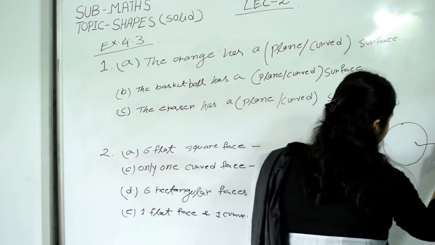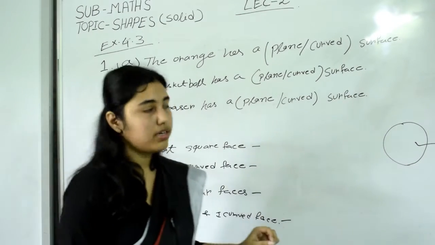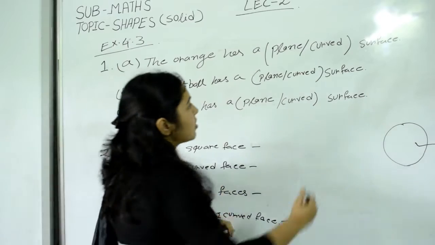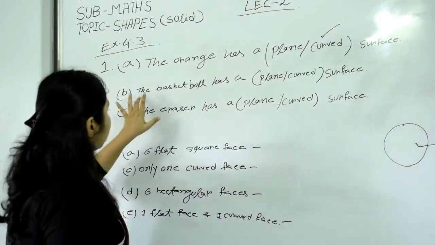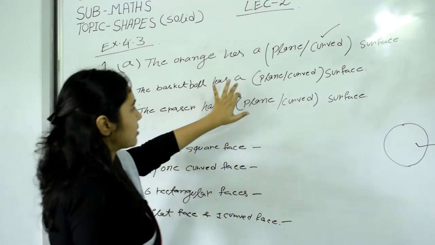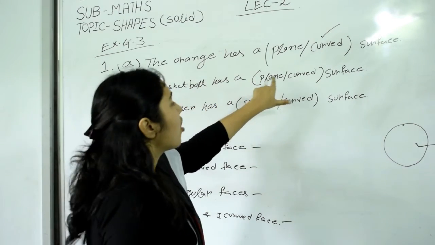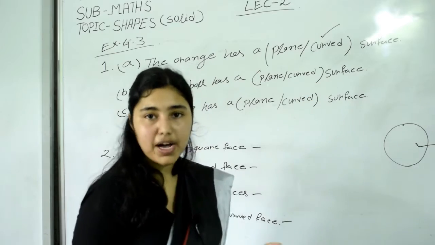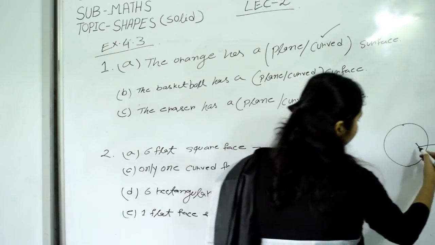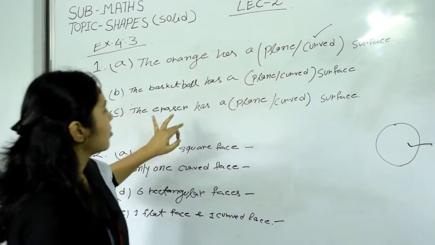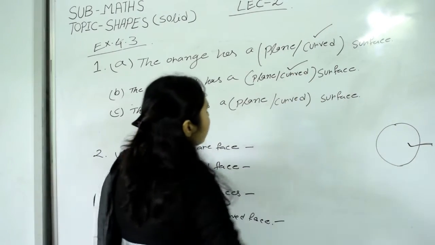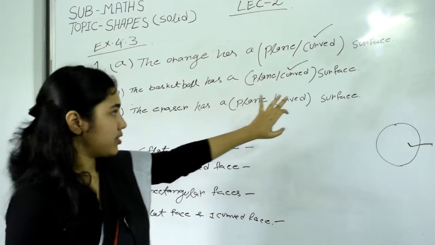So this is similar to a sphere, and a sphere has what? Curved surface. Next, the basketball has a plain surface or curved surface. Now, a basketball is also similar to a sphere, right? So our right answer is curved surface.